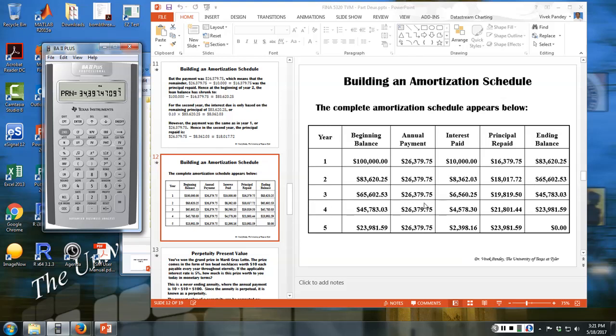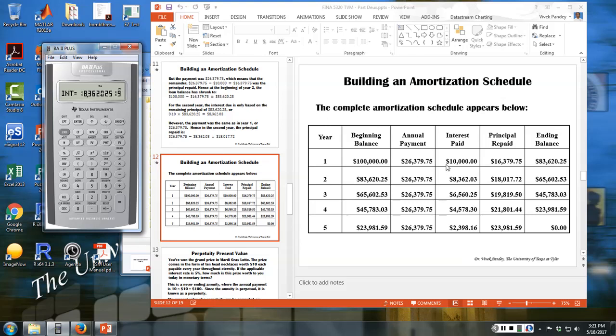When we look at principal repaid, that's actually the sum of 16,379.75 and 18,017.72, the sum of the first two rows in principal repaid. Then if I go down, interest.